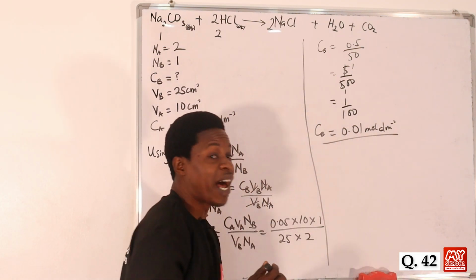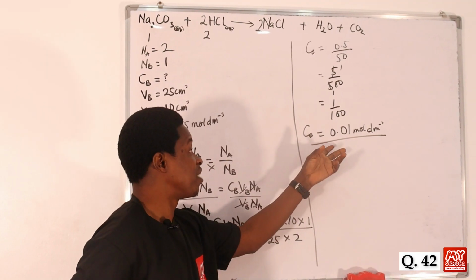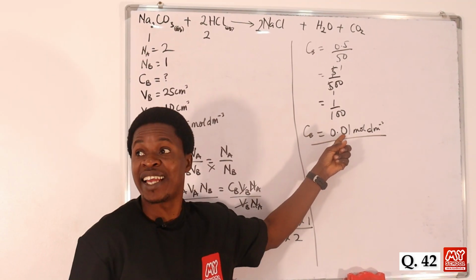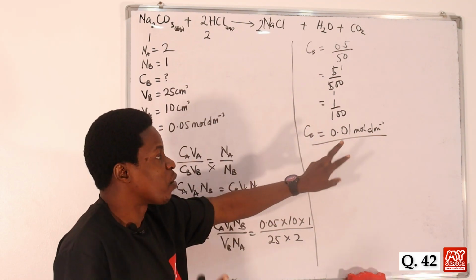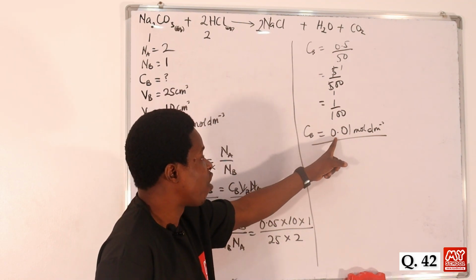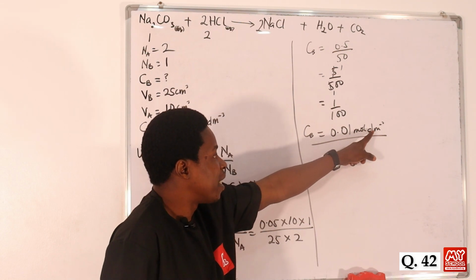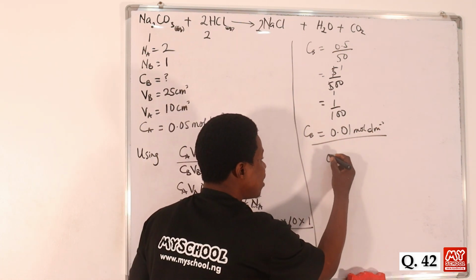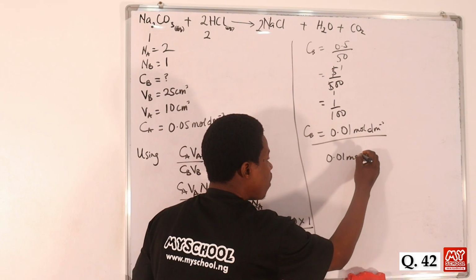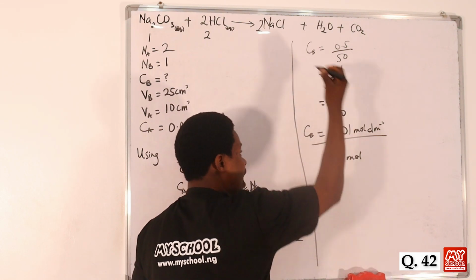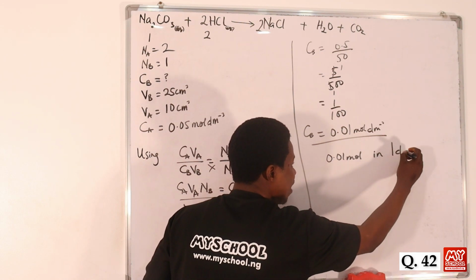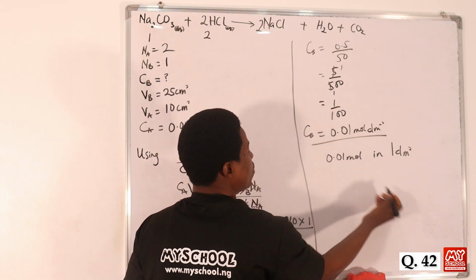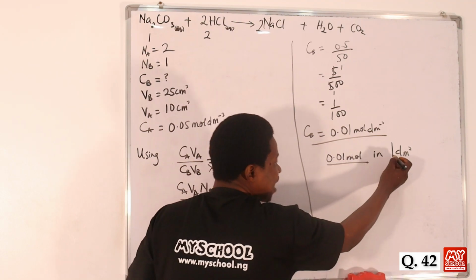So that's our answer. I know a lot of students will be asking, but we're asked to find how many moles of solution. If you were told that the concentration is 0.01 mole per dm cube, it means that 0.01 mole of this base is dissolved in 1 dm cube.